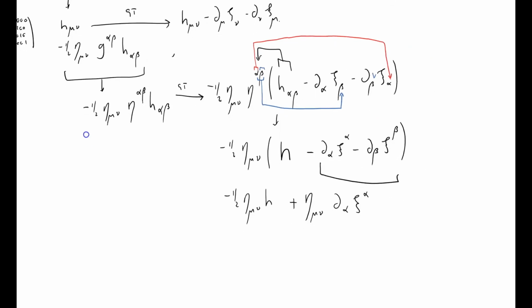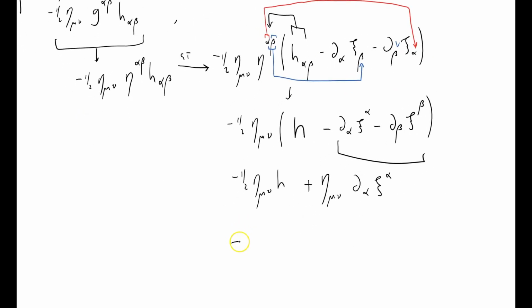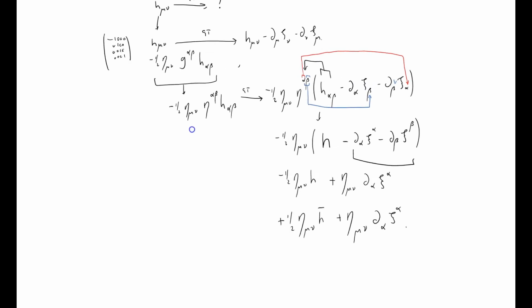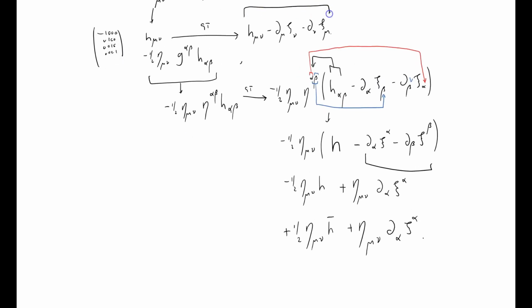So what have we got? Oh, I can just do a little bit more simplification. That's going to be plus a half eta mu nu h bar plus eta mu nu times effectively the divergence of psi. So let me just write all that down. We've got these terms here and these terms here which have to be added.